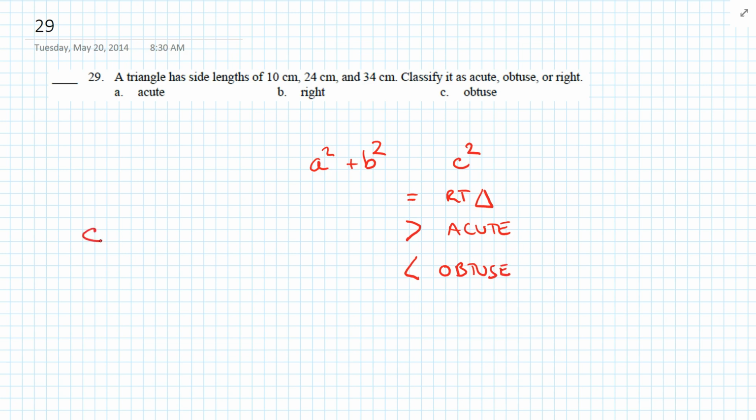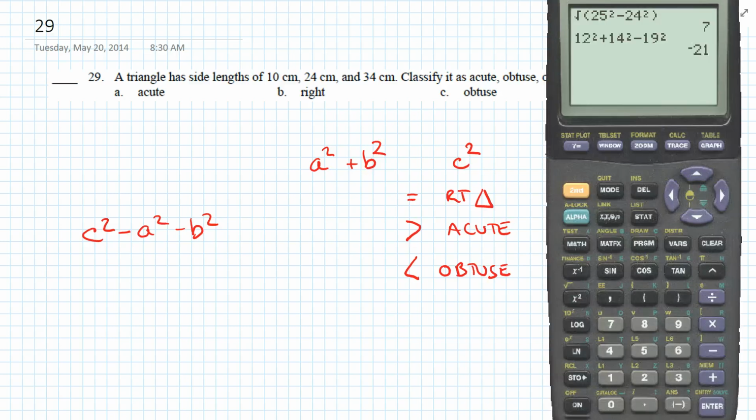So we could just make an equation, say c squared minus a squared minus b squared. And that way, if it was positive, we know it's obtuse. If it was negative, it's acute. So let's do that. What's our c? What's our biggest value? 34 squared minus 24 squared minus 10 squared.